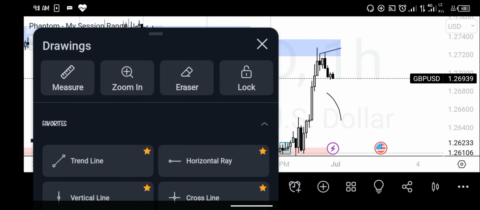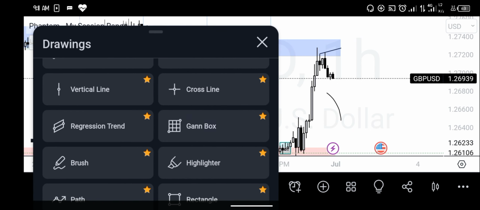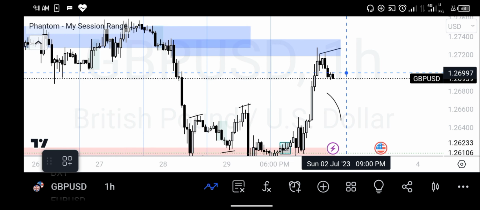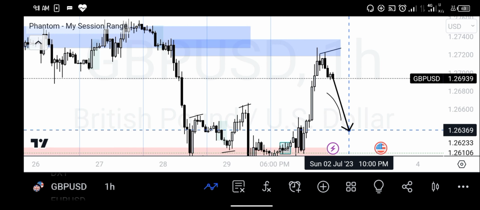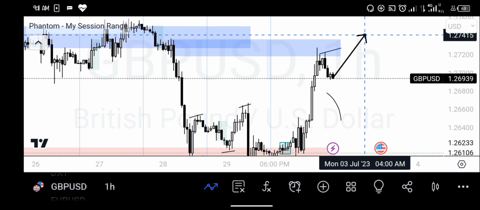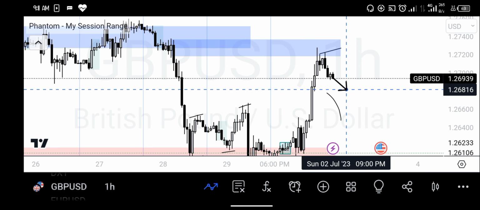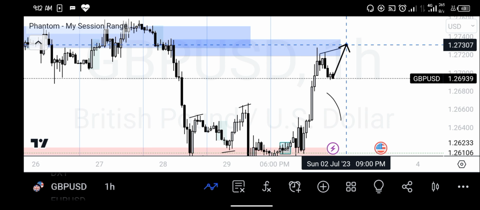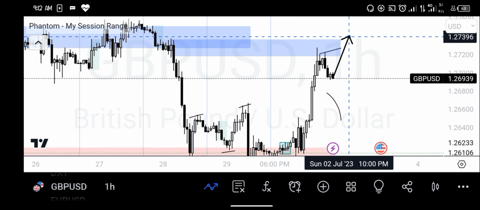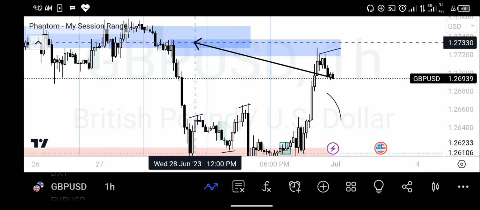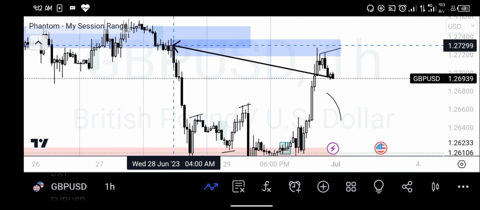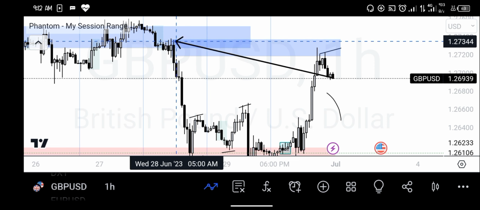So now my expectation is I'm not just expecting this to come down here and start. No, no. I'm expecting at most a retracement to here. And also, if you look at this, we have buy side liquidity resting above this that has not been cleared.